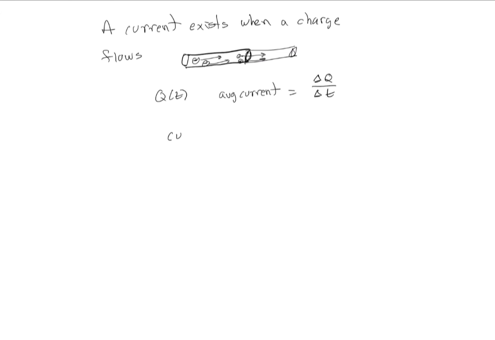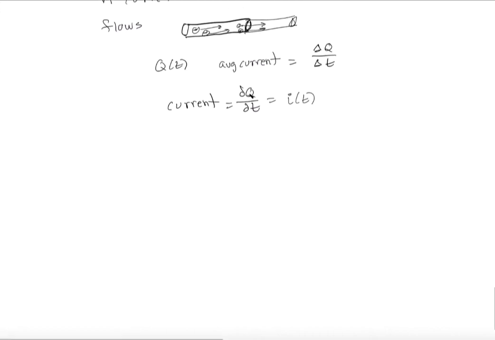is going to be described as the derivative of the charge per unit time, and this being instantaneous, if you will. We usually denote this with the letter I. Some books will use lowercase i, some will use uppercase I. The units of Q are coulombs, and obviously time would be seconds here.